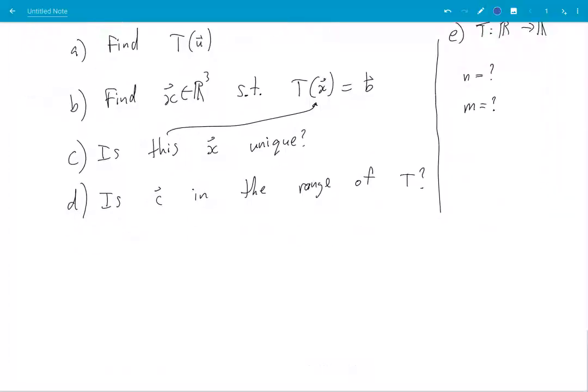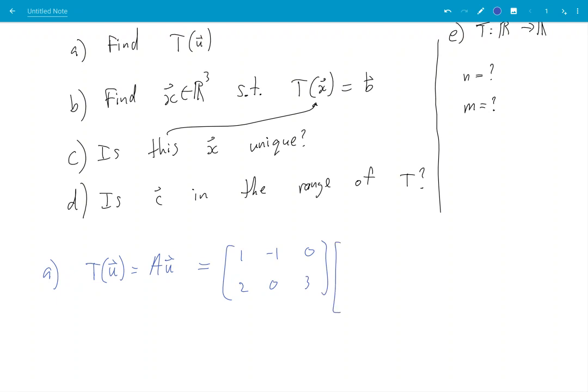Part A. T of u, or T applied to u, is just A times u. The definition was given in the question: the matrix with rows 1, -1, 0 and 2, 0, 3 times the vector u, which is 1, 0, 2.